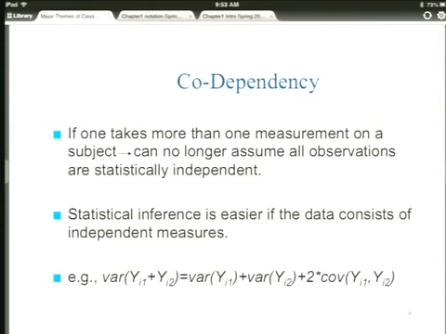And this is one equation which shows you how it does simplify things if you can assume independence. So it's very easy to deal. Much, I shouldn't say, it's not always easy.